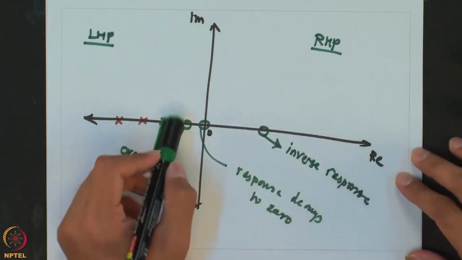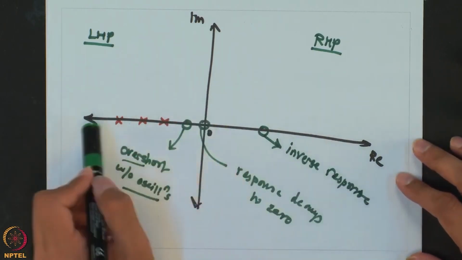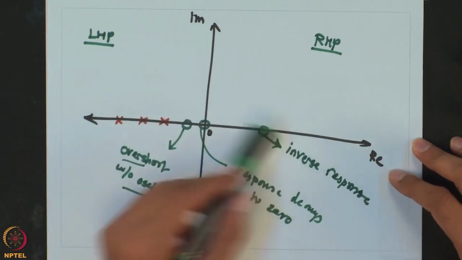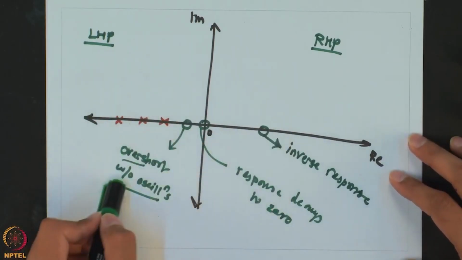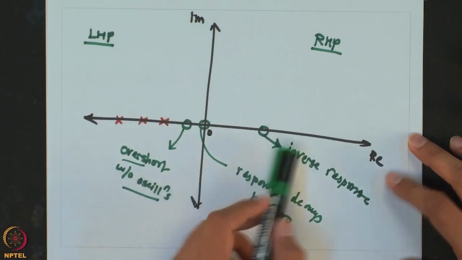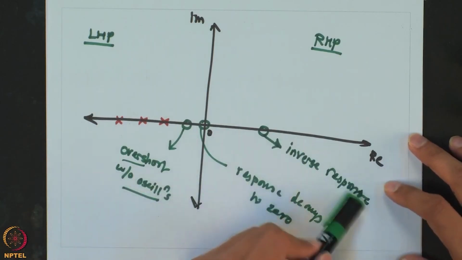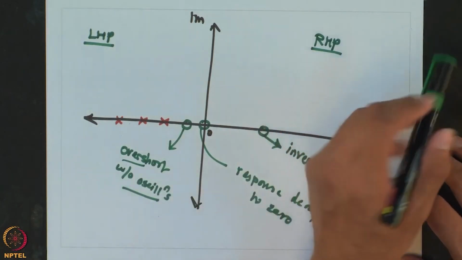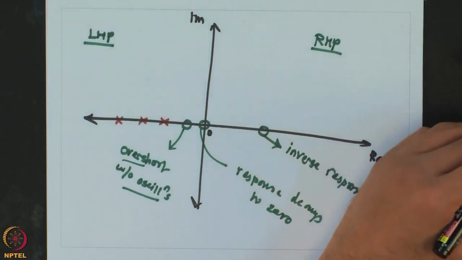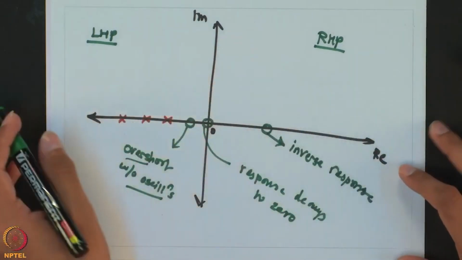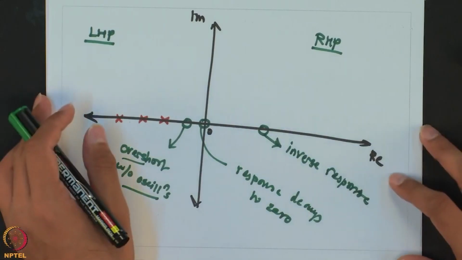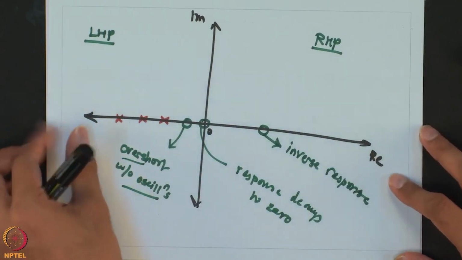So by putting the 0 also into the complex plane, you can predict whether there will be an overshoot without oscillation or whether there will be an inverse response. This will be on top of the way we predicted the response for the poles, and the combined response will be the combination of these two factors.